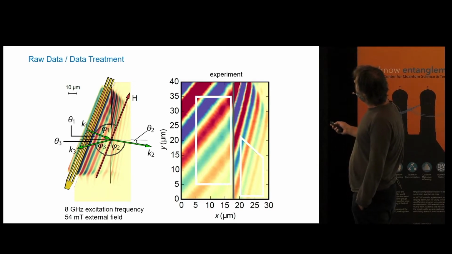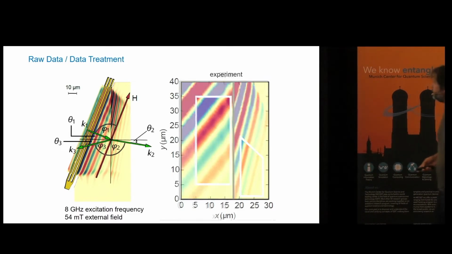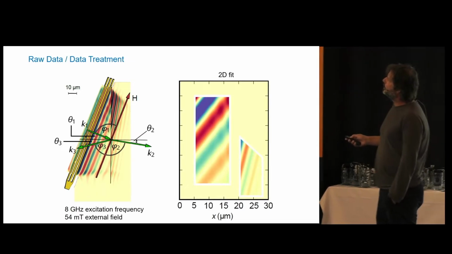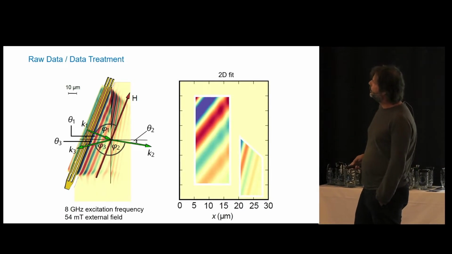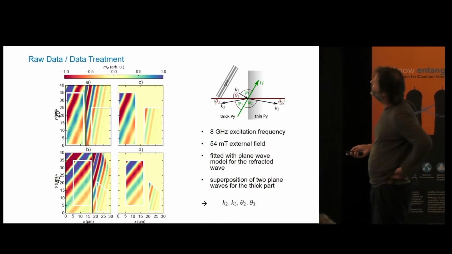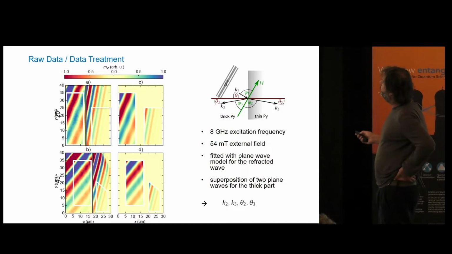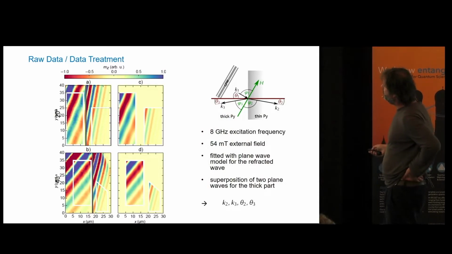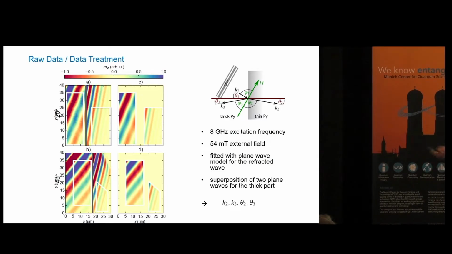If you look at the ridge of one of these wavefronts, you can see there's a slight modulation here. You can fit this. You can extract all these wave vectors for different frequencies and different magnetic fields, and then in the end you extract k and the angle for all these different series.